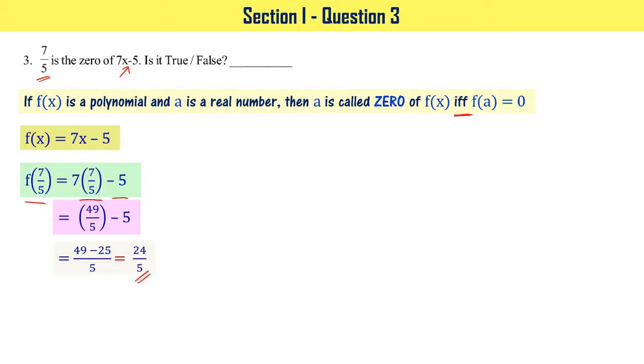It means f of 7 by 5 is not equal to 0. Since it is not equal to 0, we can now say that 7 by 5 is not the 0 of 7x minus 5, right? So answer is going to be false. Now, let's go to the next question.